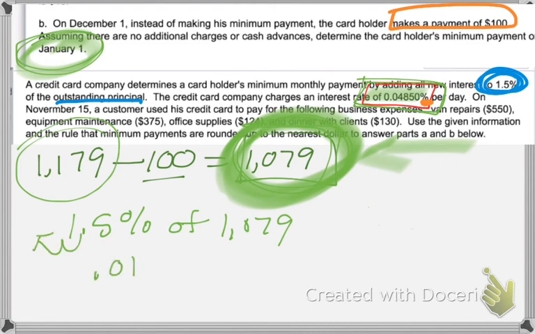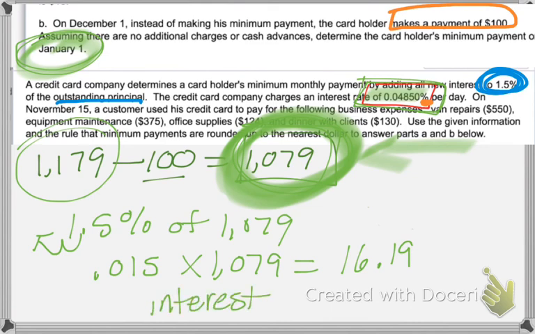That's 0.015 times 1,079, which means the bank is going to charge him $16.19, rounding to the nearest cent. So this is the 1.5% plus the interest, which we established a second ago, is $16.22.